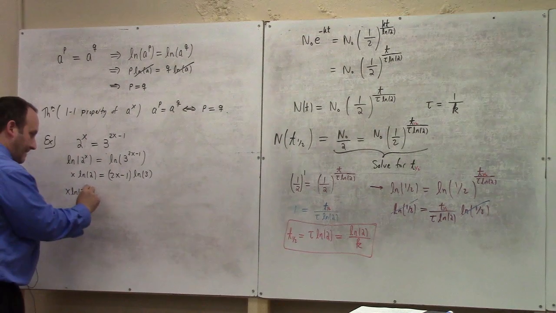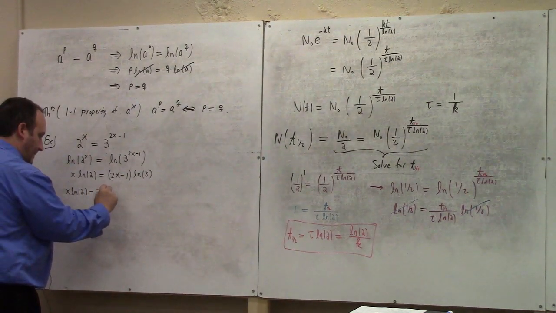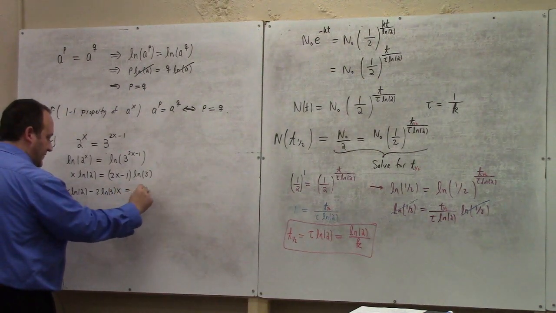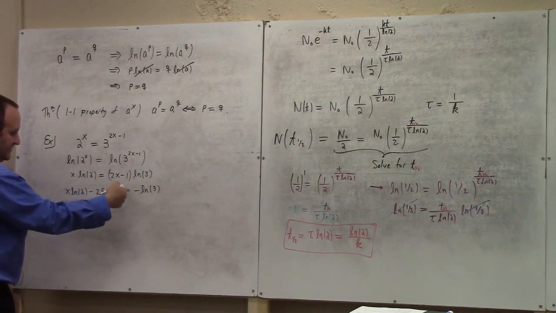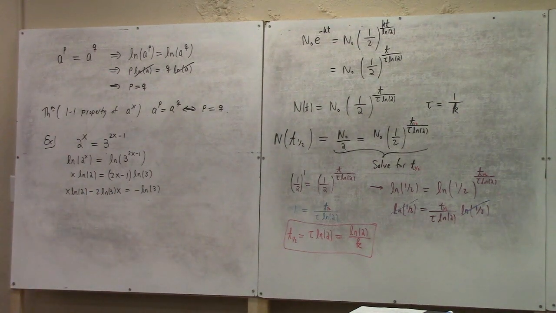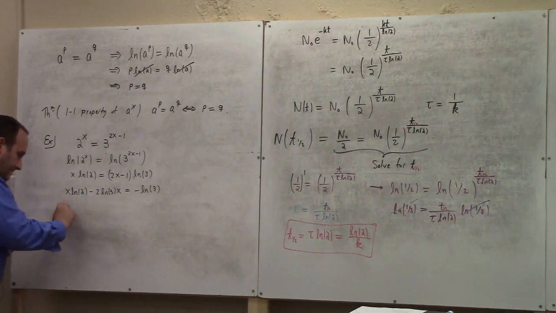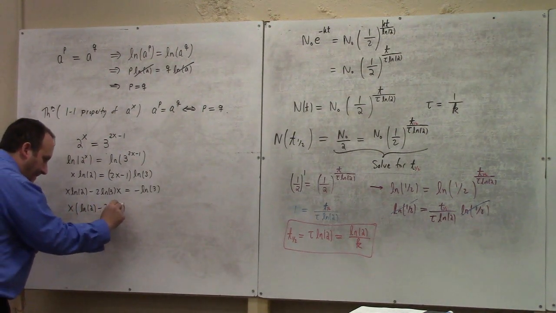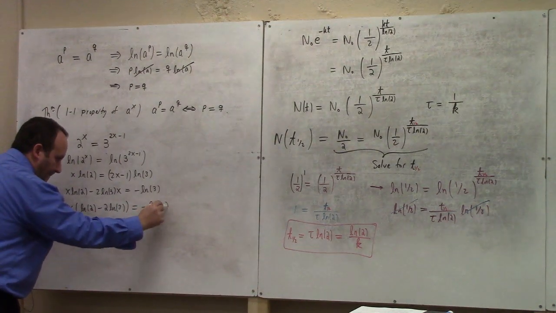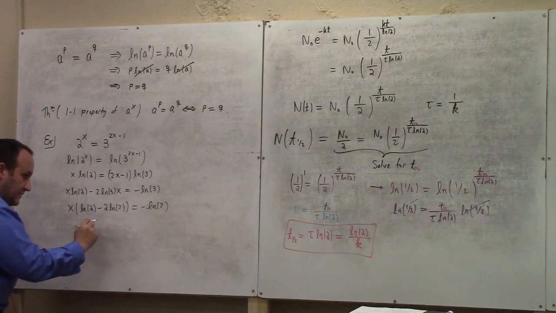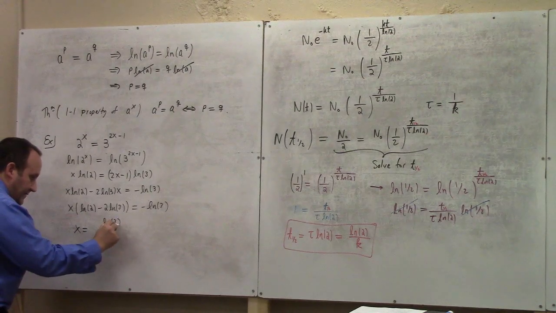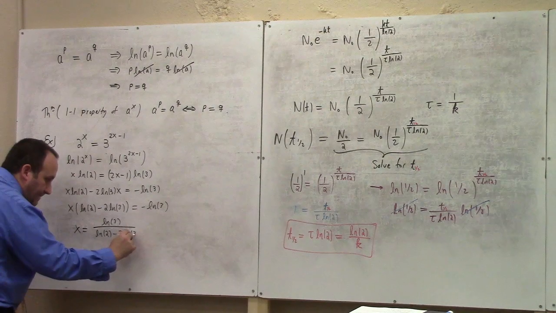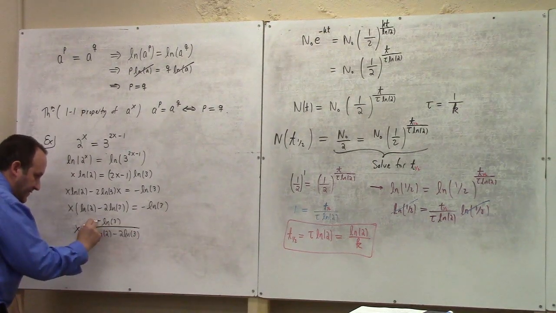So log 2 minus 2 log 3 times x is equal to minus log 3. I move the minus 2x to the other side, and then factor the x out. So apparently x is equal to the log of 3 divided by the log of 2 minus 2 times the log of 3. And I forgot my minus there.